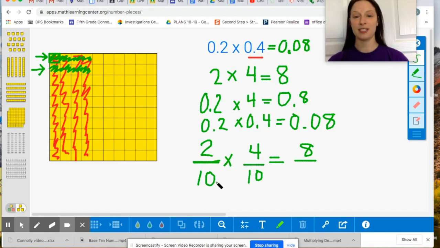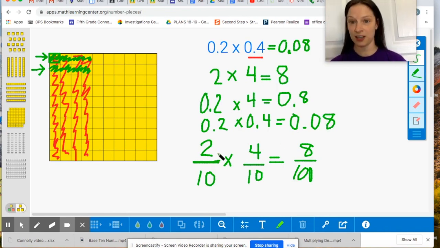So I'm going to do denominator times denominator, 10 times 10, and I get 8/100. Do you see the connection? So if you're stuck and you're not really sure where the decimal goes, we can think about this as fractions. You can write 2/10 as a fraction, and then write 4/10 as a fraction, and then multiply them because you feel very confident with multiplying fractions, and then check your answer.